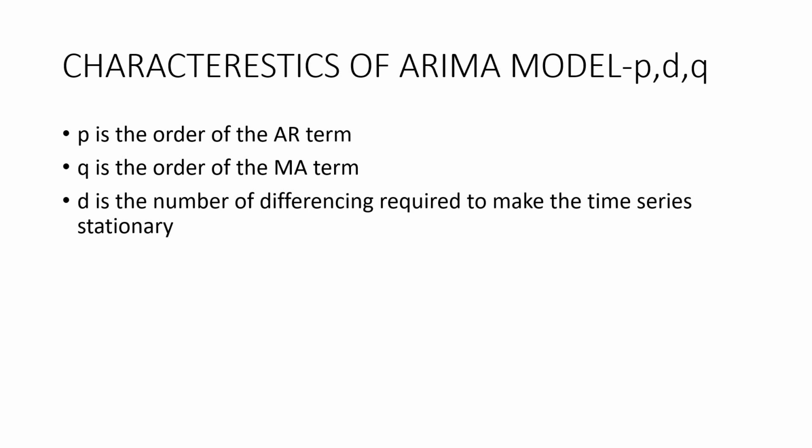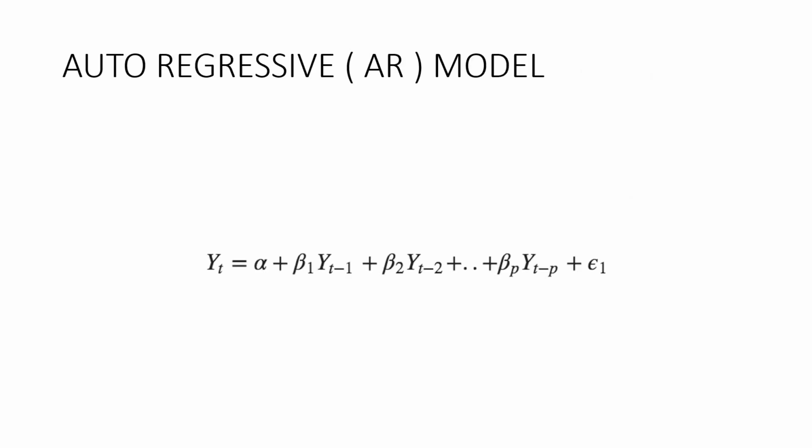If a time series has seasonal patterns, then you need to add seasonal terms and it becomes SARIMA, short for seasonal ARIMA. More on that we will discuss once we finish ARIMA. So, what are the P, D, and Q in ARIMA model?